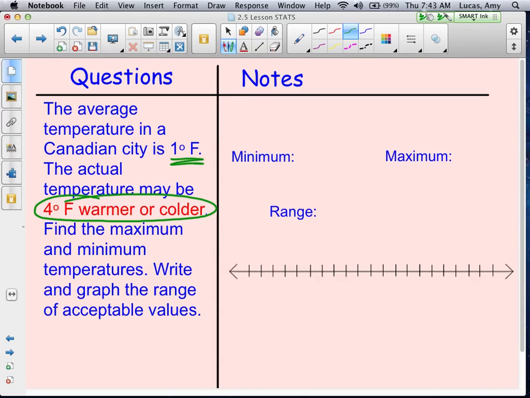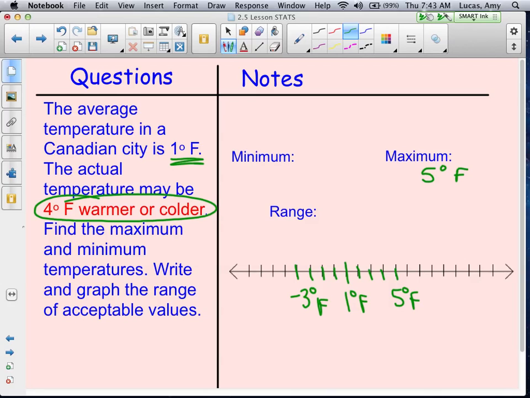So the maximum and minimum, so my starting point is my 1 degree Fahrenheit. Now 4 degrees warmer would put me at 5 degrees, so my maximum is 5 degrees. 4 degrees colder though. Over here, next to 1, I would have 0, -1, -2, so this would be -3 degrees.